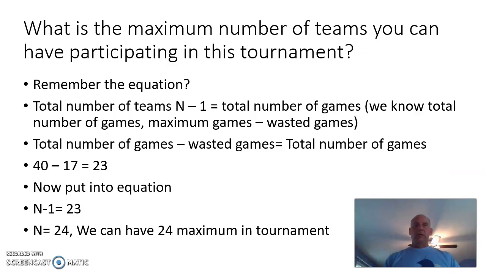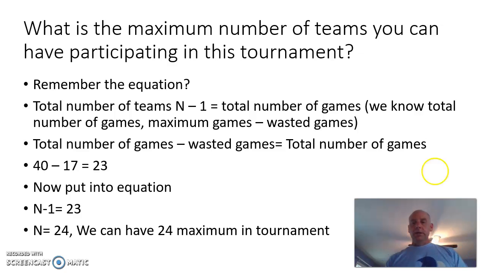So now this will help us figure out our next step: what's the maximum number of teams that we can have in our tournament? We want to try to figure out how many teams we can have in our tournament. Remember the equation. What's the equation? N minus 1, right? N is the number of teams in our tournament, minus 1 equals the total number of games. So single elimination, we have 1 less game than our teams, right?